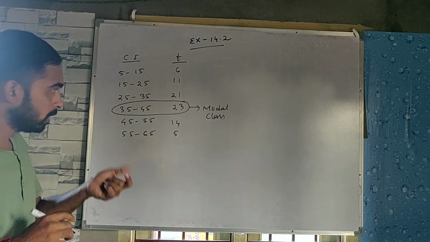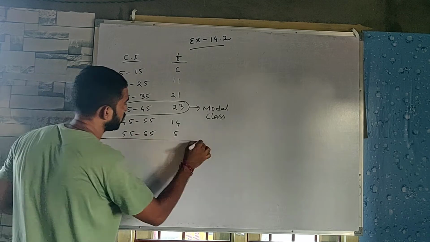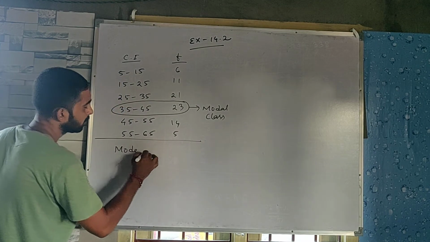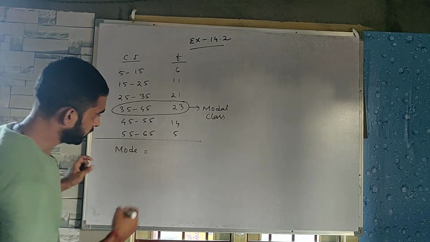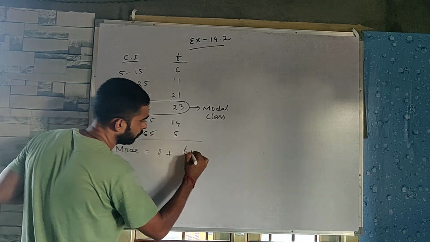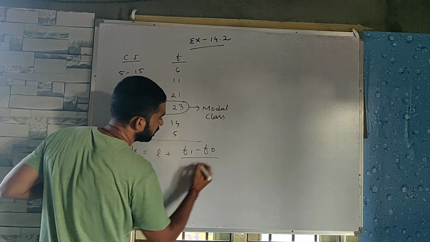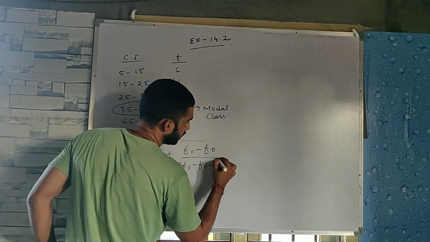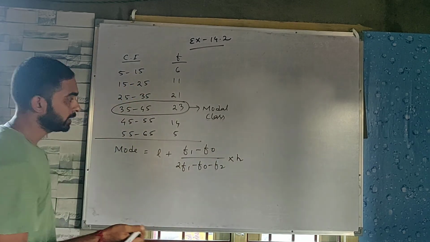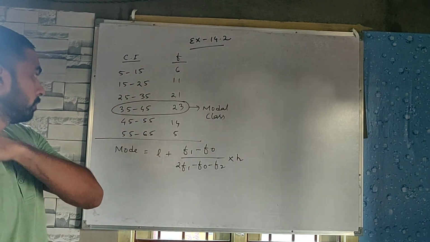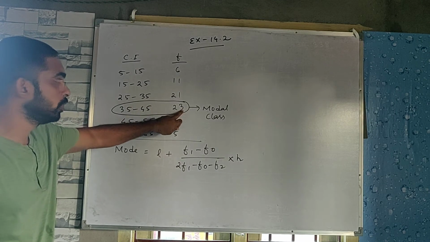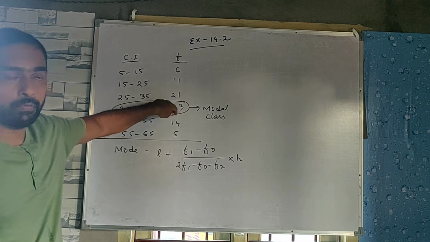In case of mode, what is the formula? Mode equals L plus (f1 minus f0) by (2 f1 minus f0 minus f2) into h. What is f1, f0, f2? This is the modal class, and its frequency is f1.